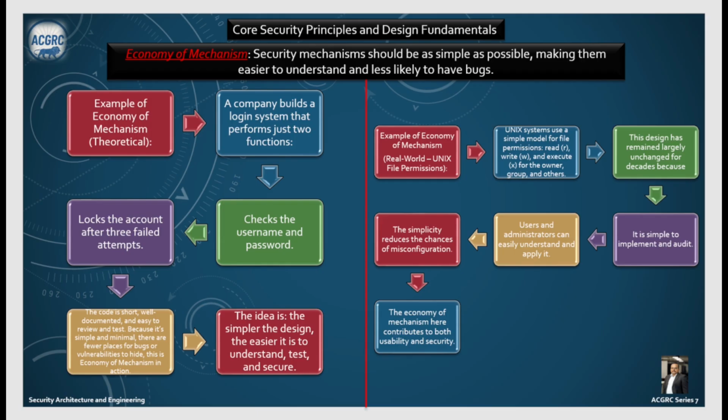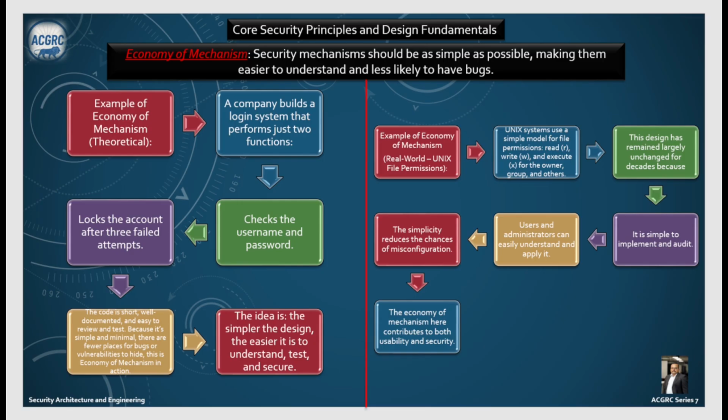Now let's look at a real world one. Unix systems use a simple model for file permissions. Either it's read R, write W and execute X for the owner, group and others. This design has remained largely unchanged for decades. Why? Because it's simple to implement and audit.